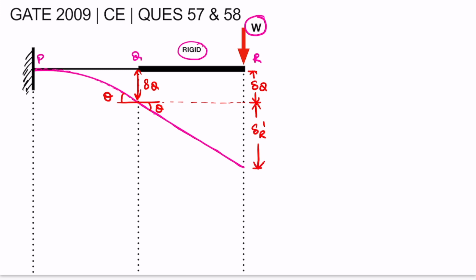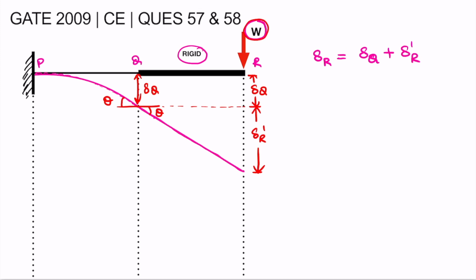From this we can say that delta R will be delta Q plus delta R dash. So in order to find the deflection at point R, we need to find delta Q and delta R dash. So let's start by finding out the value of delta Q.